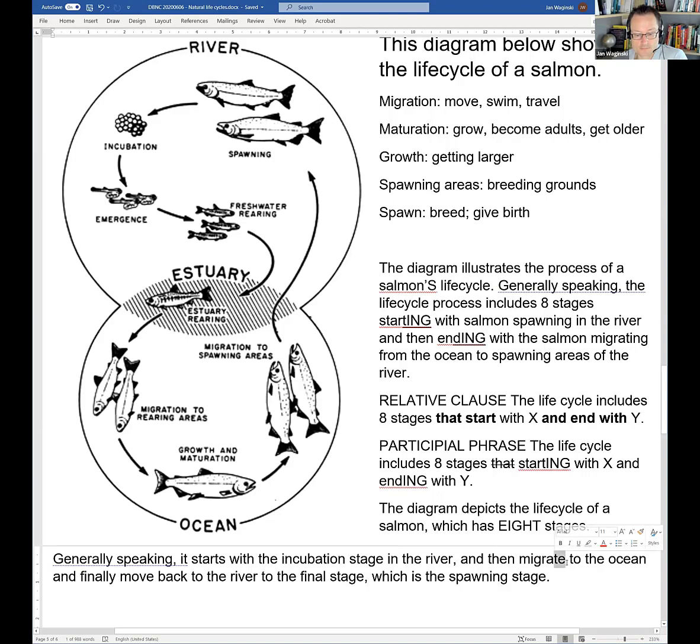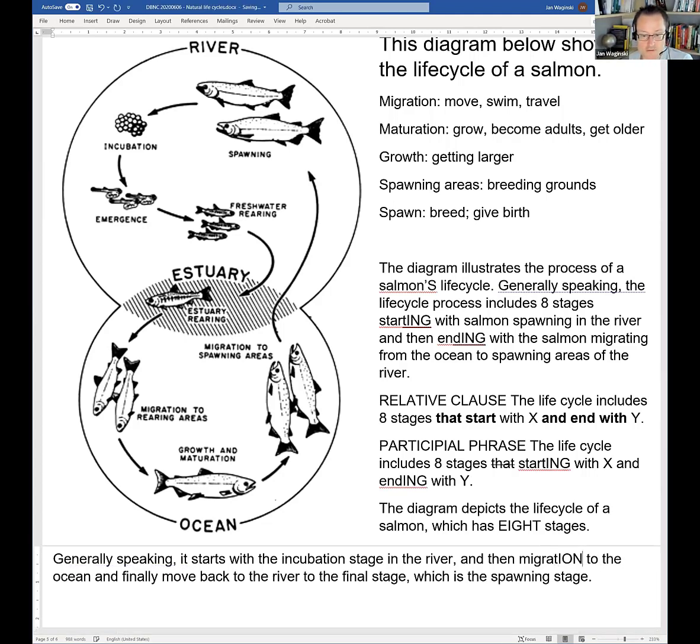And the next stage, no. Estuary stage, no. No, just change the form of this word. And then migration. Yep, this is better already.